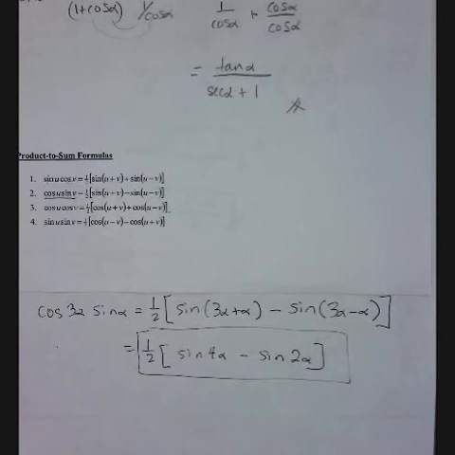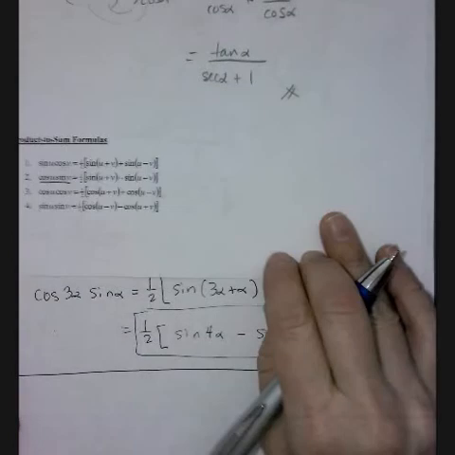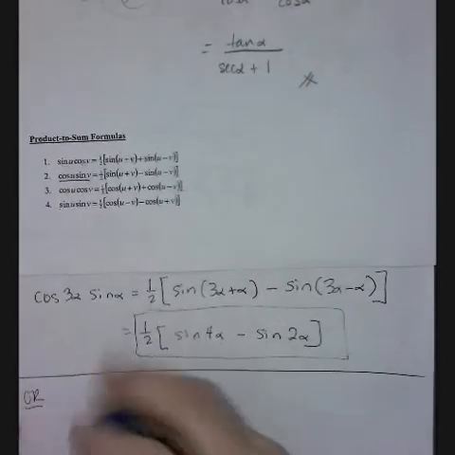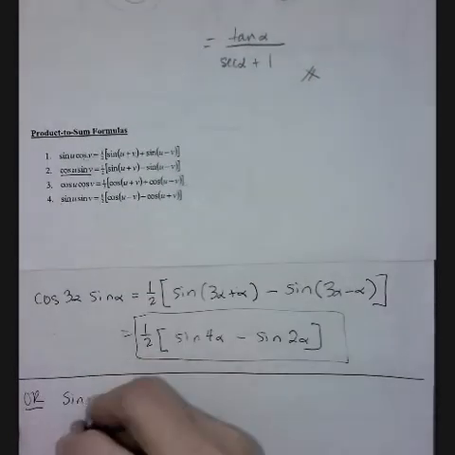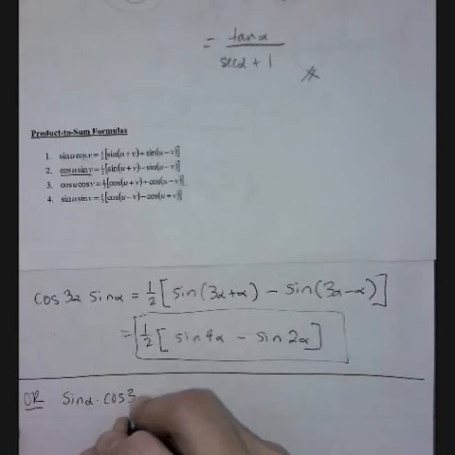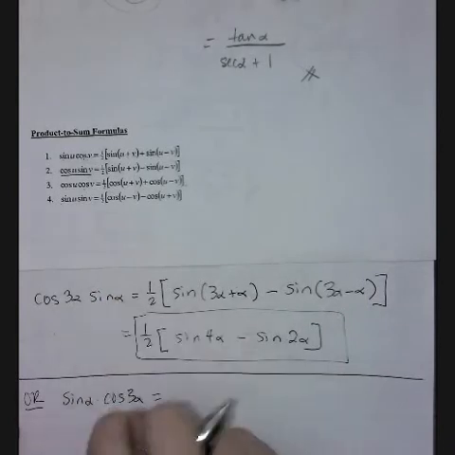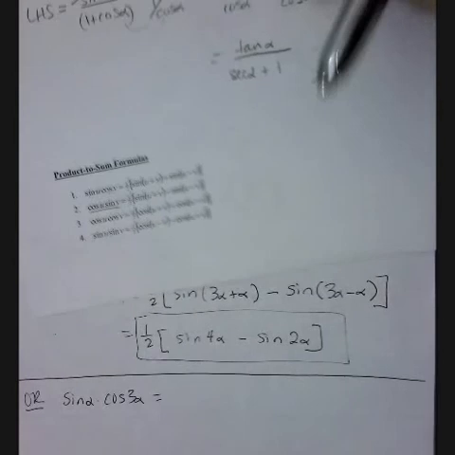Okay, so if we change our perspective and call it sine alpha times cosine of 3 alpha, that's still equal, right? We just reordered the factors. So now we would use this formula.